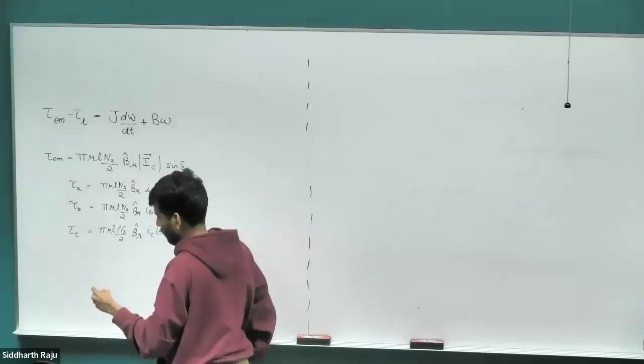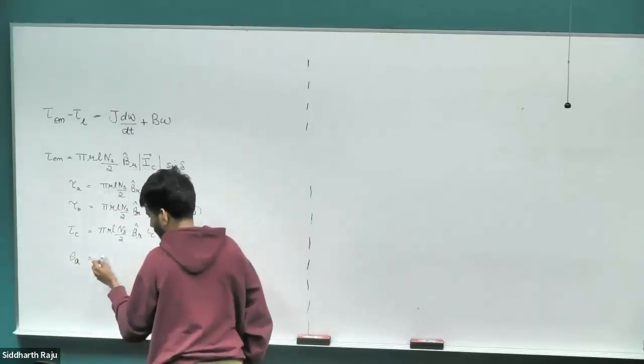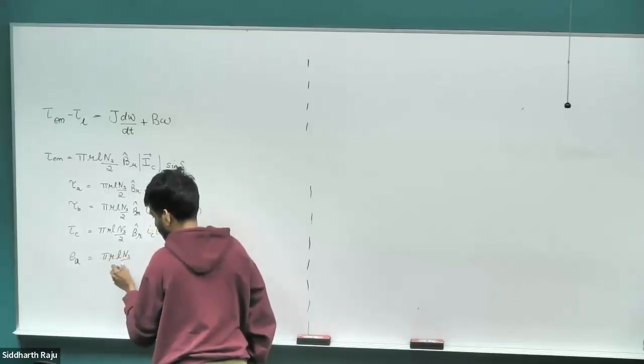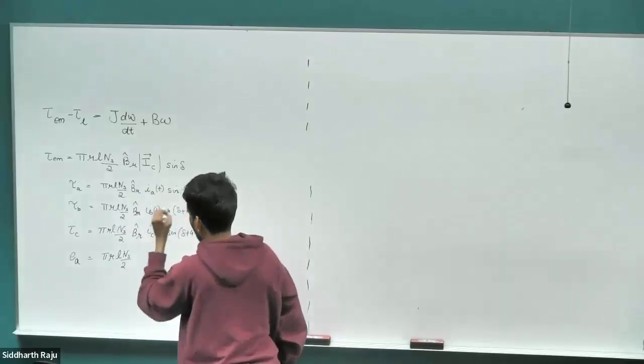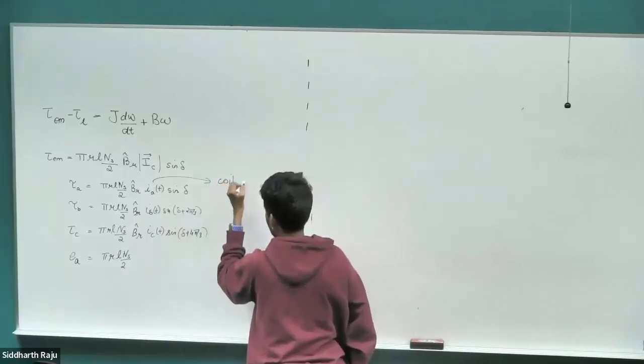So the same thing as for the EMF as well. EMF for the A phase comes out to be pi times R times L times NS divided by 2. Oh, again, these currents, I should be careful. Coil currents.